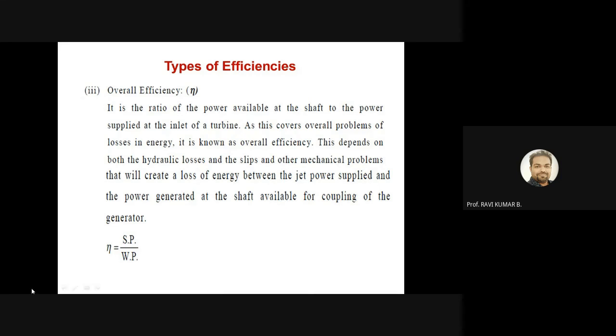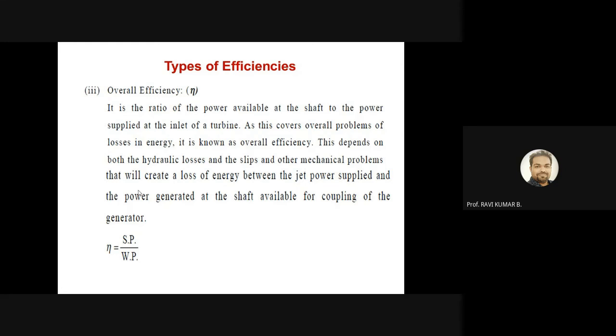This can be rearranged. You can rearrange these terms like shaft power divided by the runner power into runner power divided by the water power. So you can see overall efficiency is the product of mechanical efficiency and hydraulic efficiency.